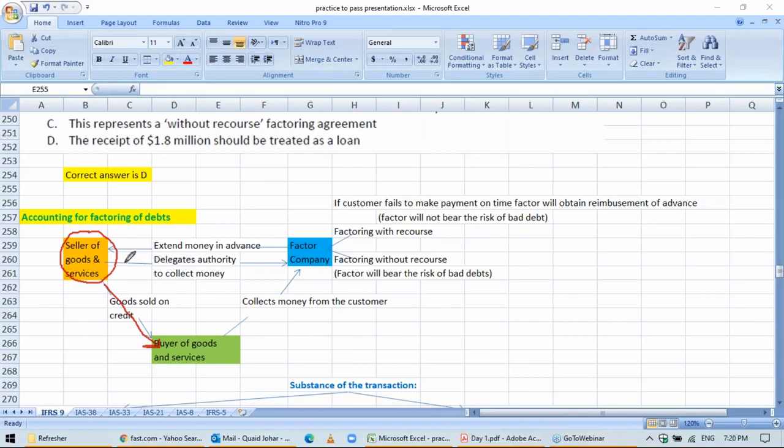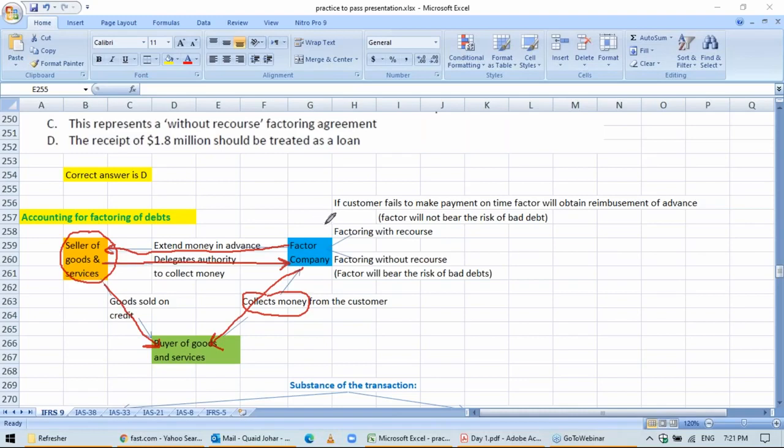So the seller of goods delegates the authority to collect the money and sells the receivable to the factor company and receives the money in advance. So instead of after 3 or 2 months time, it receives the cash immediately. Now this factoring company will collect the money from the buyer. So collection of money then becomes the responsibility of the factor in the factoring arrangement.